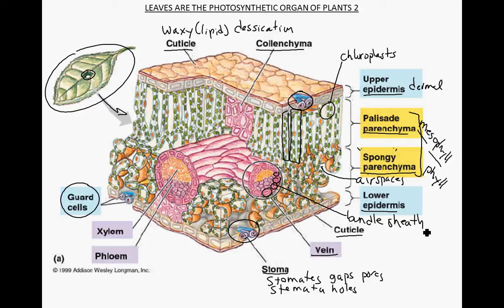If we come over to the left here, you have xylem and you have phloem in here. The xylem are conducting water, and the phloem is conducting the organics, or the products of photosynthesis. So this is what's known as a vascular bundle, xylem and phloem, and it's protected by the bundle sheath cells that go around it. So there is a cross-section through the leaf.